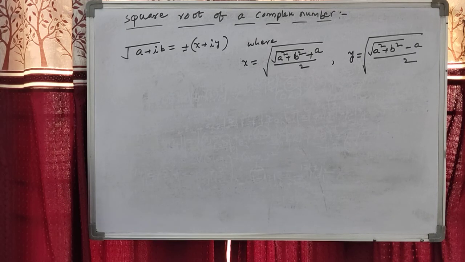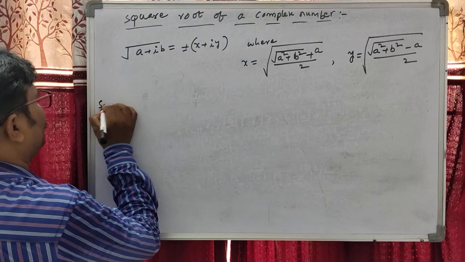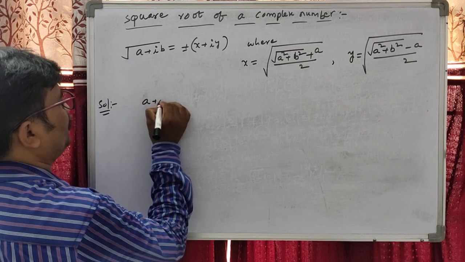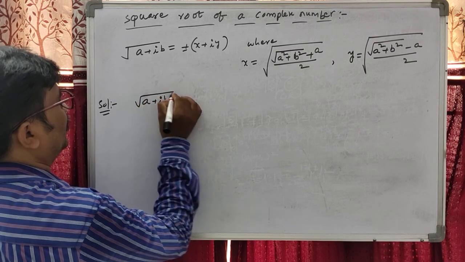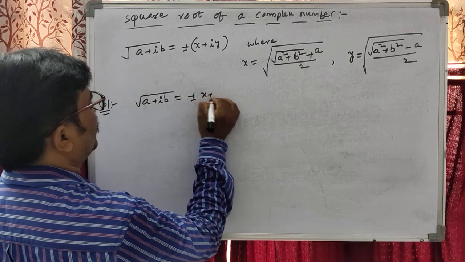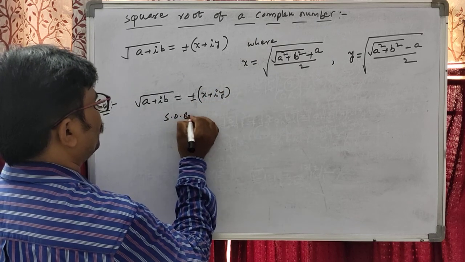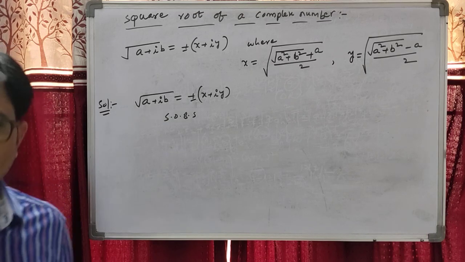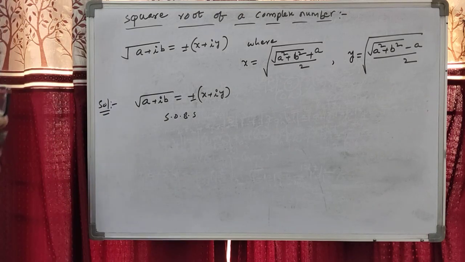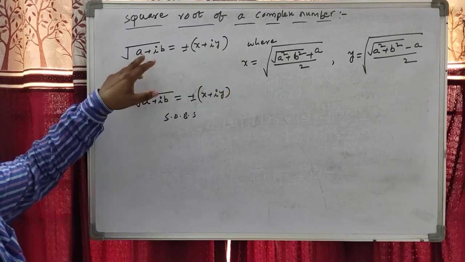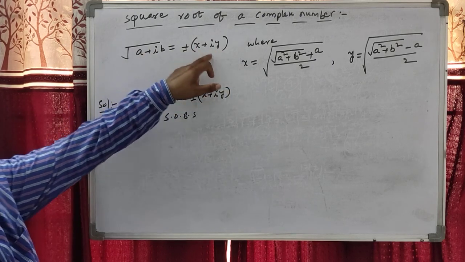Okay students, one minute: we take the root of a plus ib as plus or minus (x plus iy), and then square on both sides. From the examination point of view, directly we take x plus iy; if the imaginary part is minus, we take x minus iy.